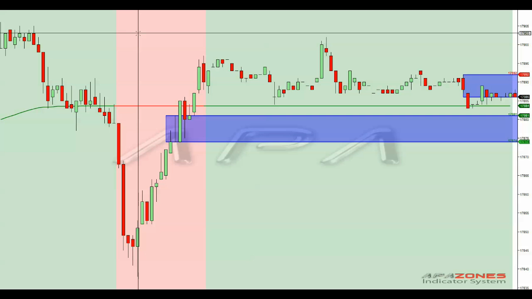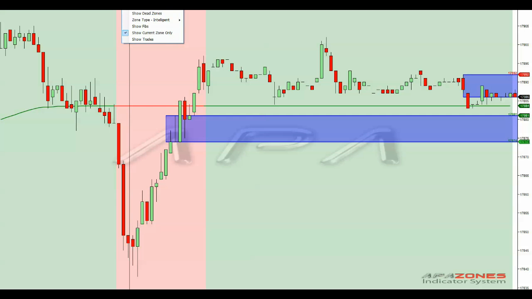Let's rephrase that a little bit. If you know where consolidation is, then you will know where to expect expansion in the markets, okay? So by identifying consolidation through an automated way with the software, we are looking to grab the bigger moves as price moves out of those areas of consolidation, okay?